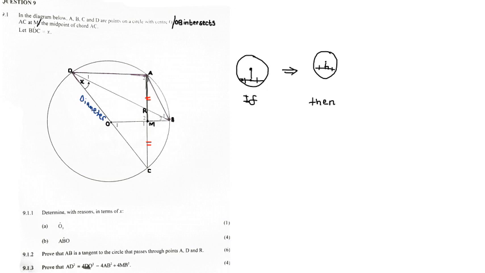If that's the case, then we can apply our theory again and say that OM, which is the line drawn from the center of the circle to the midpoint of this chord, is perpendicular to the chord AC. So obviously this 90-degree angle will show up everywhere.